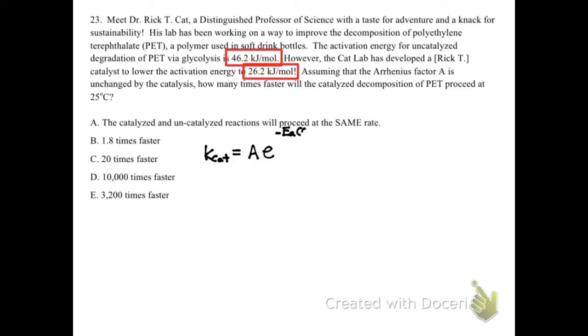We're trying to find the ratio of the catalyzed to uncatalyzed, so I'm going to put the cat there just for catalyzed, divided by RT. Okay, and now what we want is the ratio of the catalyzed to the uncatalyzed. So I'm going to then divide by k uncat for uncatalyzed, which is equal to A e to the negative uncatalyzed activation energy divided by RT.